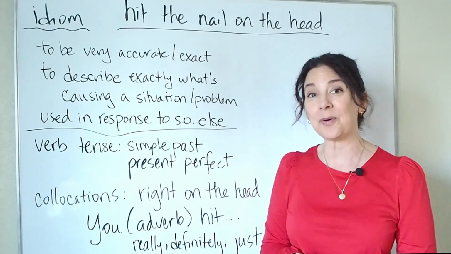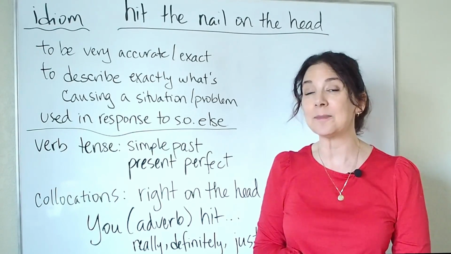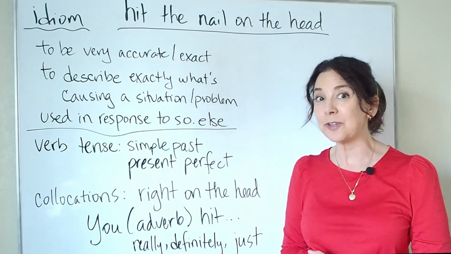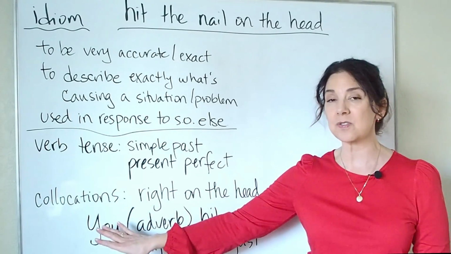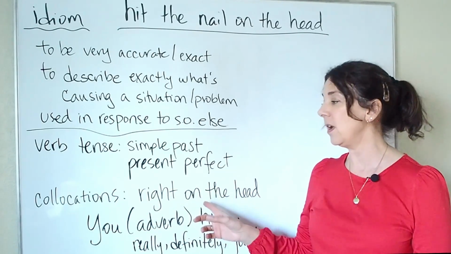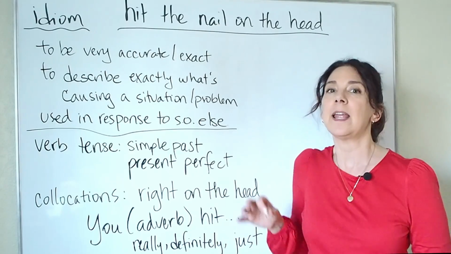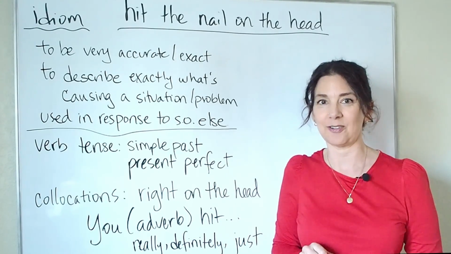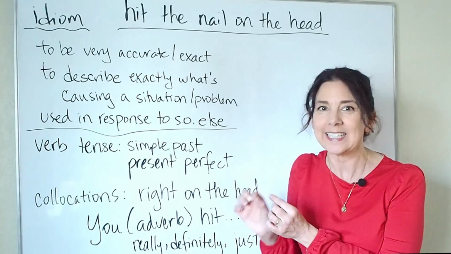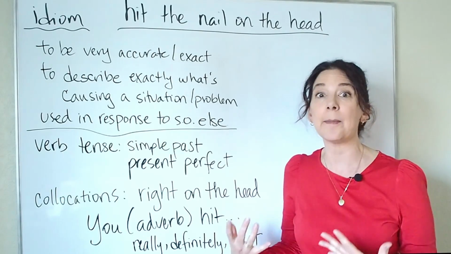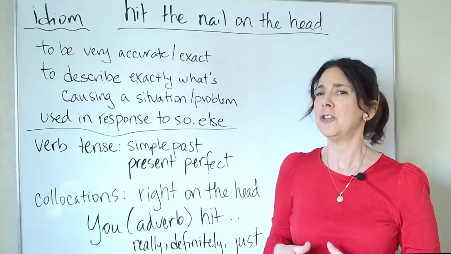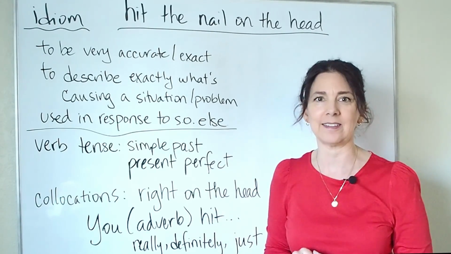You can also mix it up a little bit by adding more meaning with an adverb. So these are collocations or words that are often used together. We often say, you hit the nail right on the head. Okay, so that means exactly, exactly. That would be to emphasize the meaning. You hit the nail right on the head.